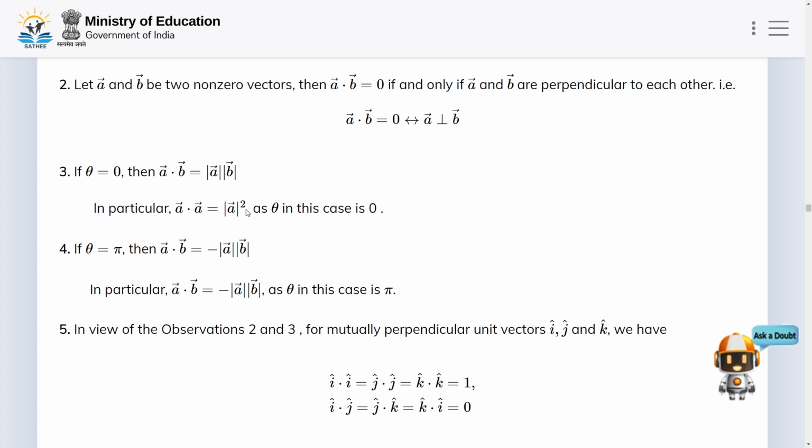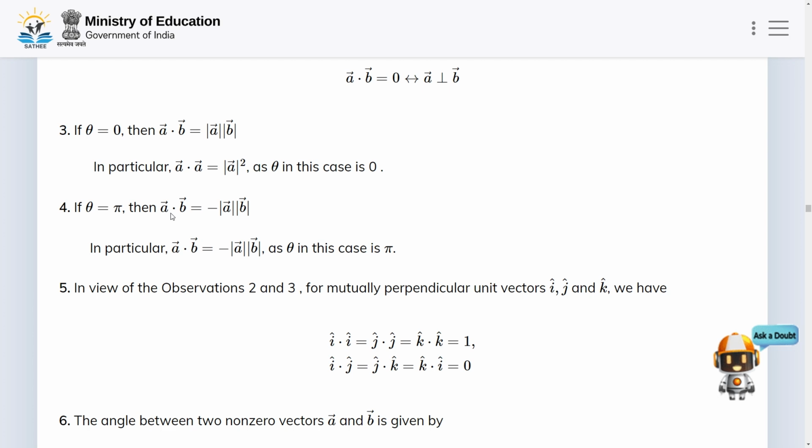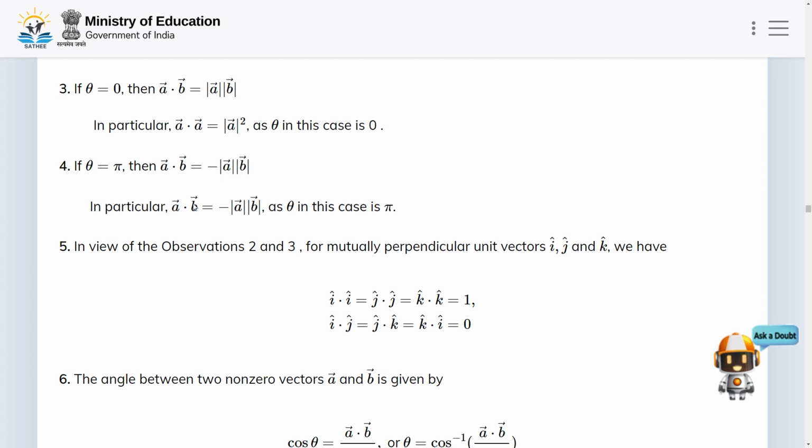Now if theta is pi, then the dot product of a and b will be the negative of the magnitude of a times the magnitude of b. In this case, a dot b is equal to minus magnitude of a multiplied by magnitude of b, as theta is pi.